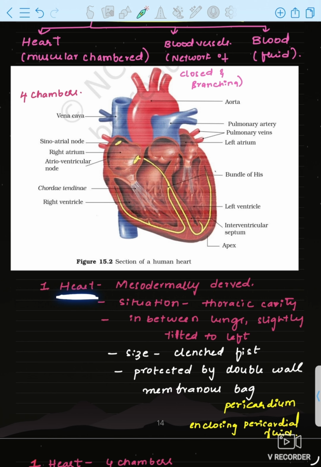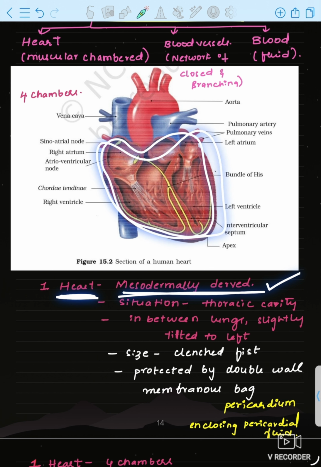Okay, first let us discuss the heart. The heart is a mesodermally derived organ, situated in the thoracic cavity. See, in the thorax lungs are there, and in between the lungs the heart is present, and it is tilted towards the left.